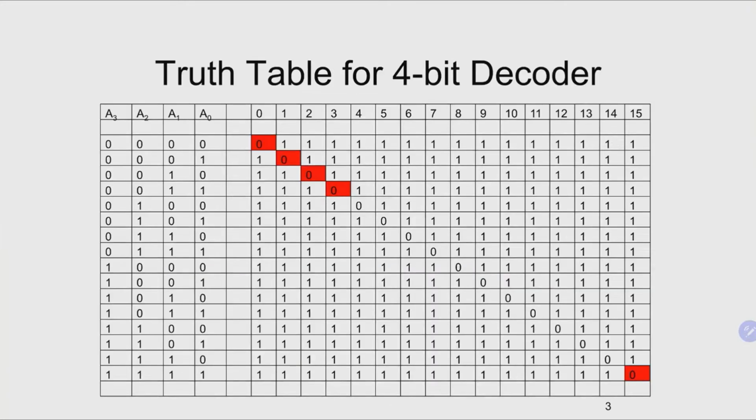So going back to our truth table, this is the output 6 of our 4-bit decoder. And this is the row when the output is activated.